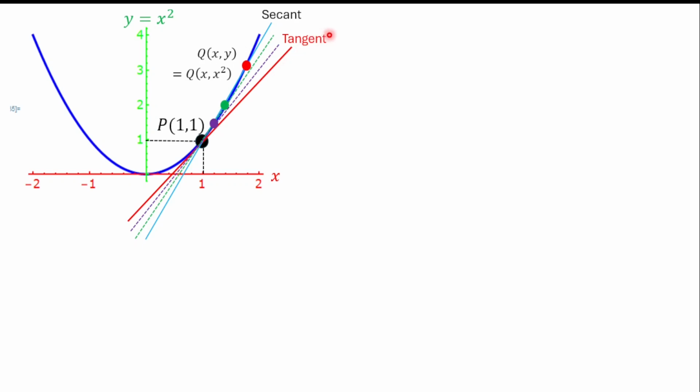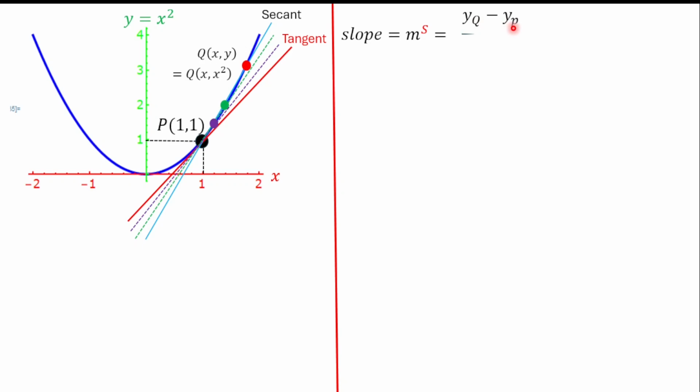Okay, that is a geometrical perspective, which we can do numerically, but there is another, analytical way. To understand this analytically, I write the equation of the slope of the line passing through points Q and P, and that is the value of the y coordinate at point Q minus the value of the y coordinate at point P, divided by the value of the x coordinate at point Q minus the value of the x coordinate at point P. Now we know the values of yp and xp, which are 1, 1 as given over here.